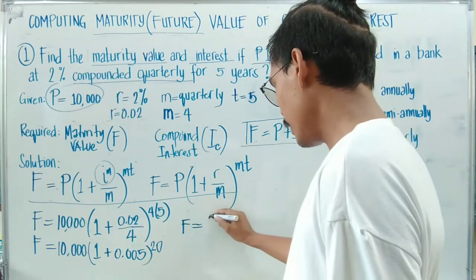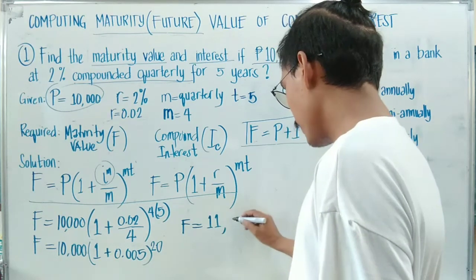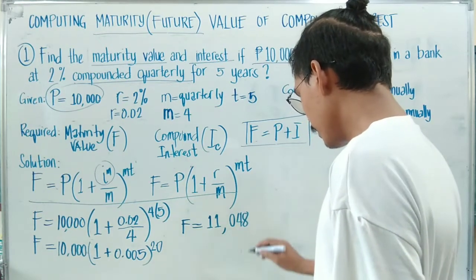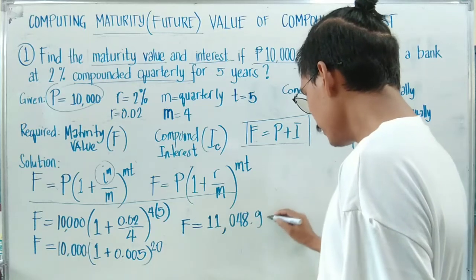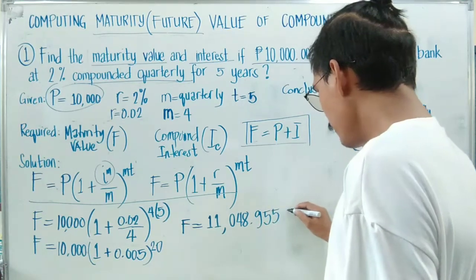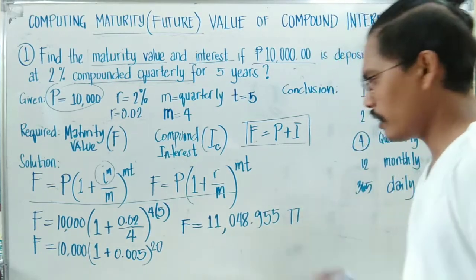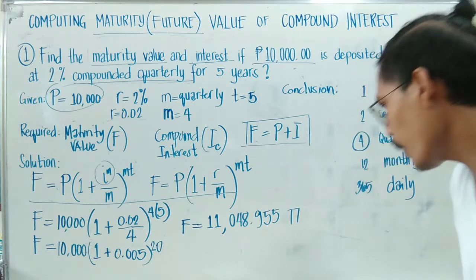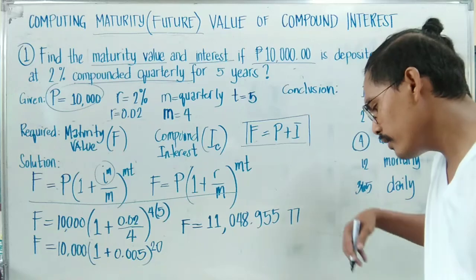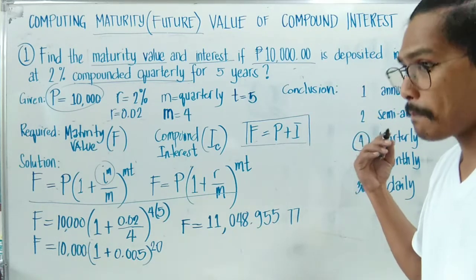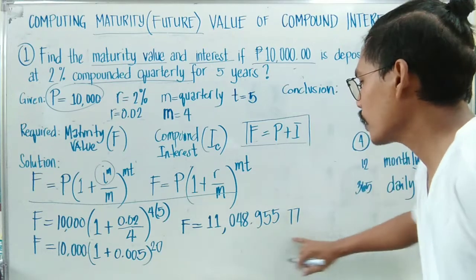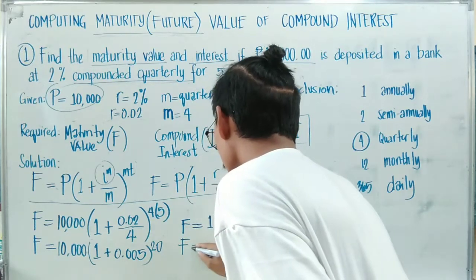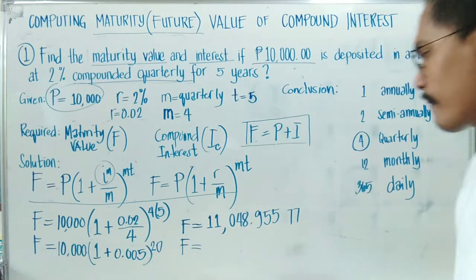So we will have 11,048.95571 and so on. But the concept behind this quantity is that this digit represents money.